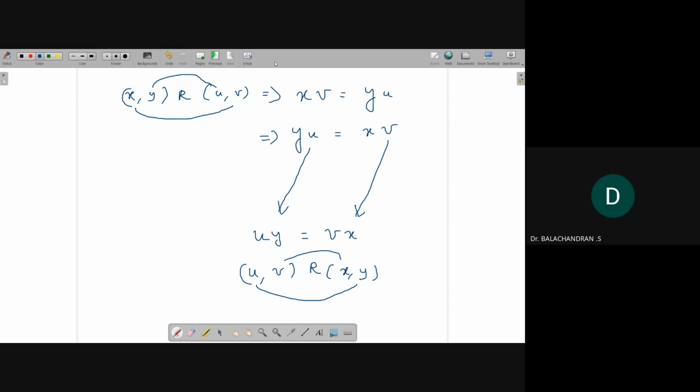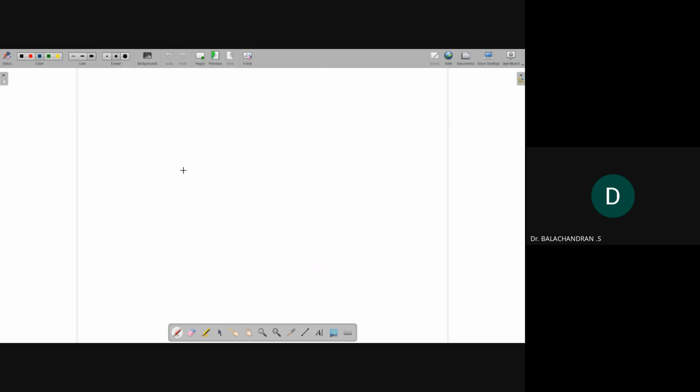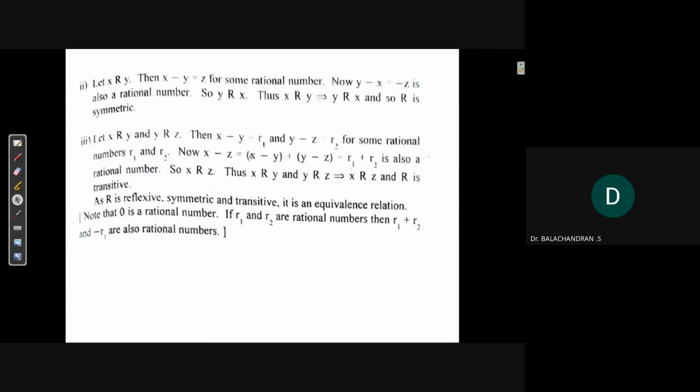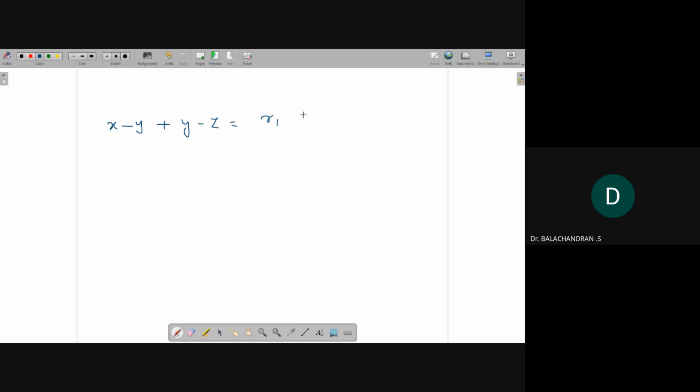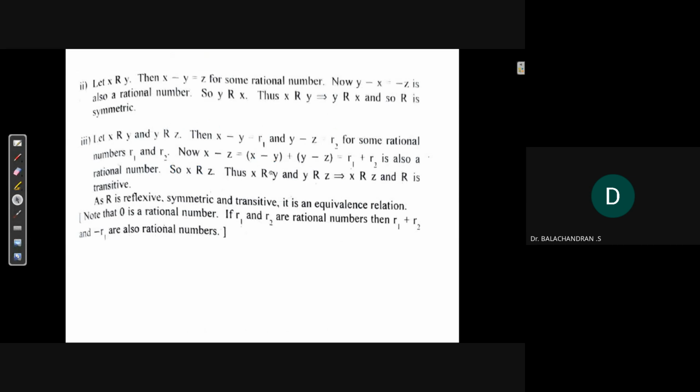So x minus y plus y minus z equals r1 plus r2. We know that r1 and r2 are rational numbers, so x minus z equals r1 plus r2. Hence this is a rational number, and hence x is related to z.